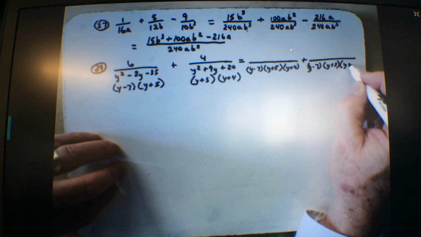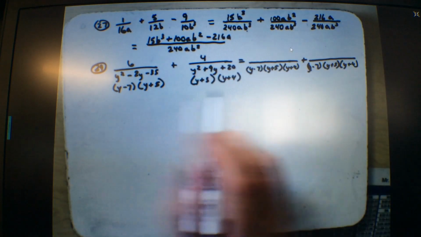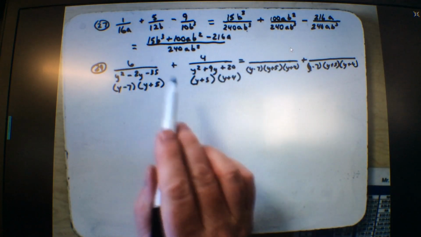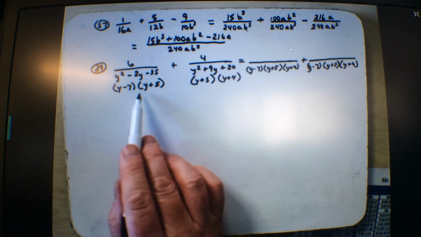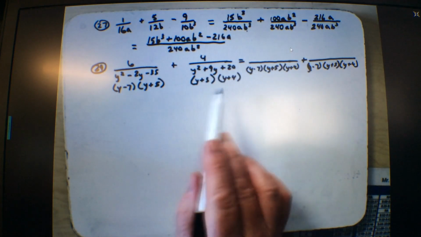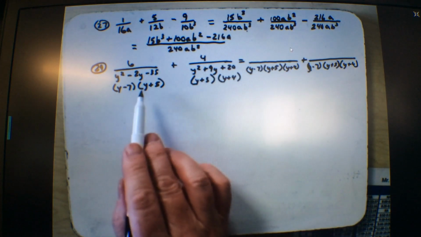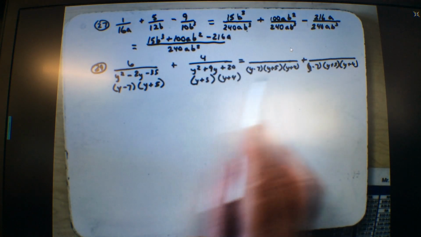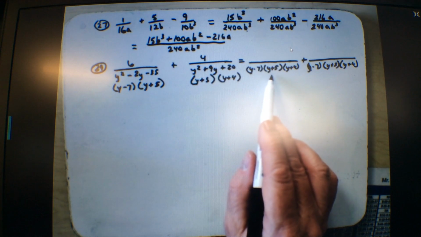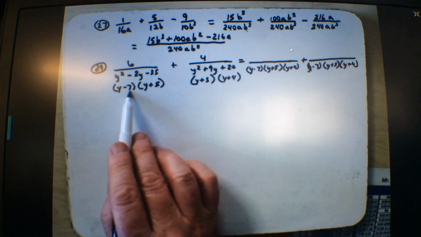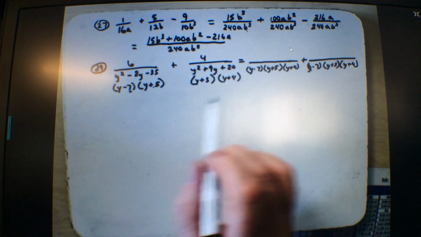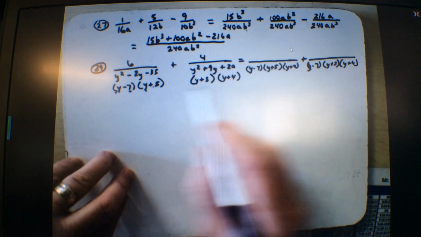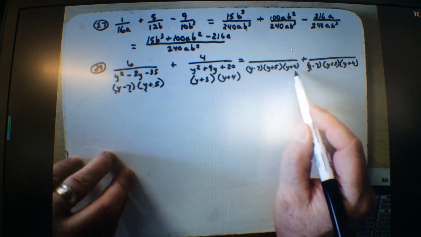This takes a lot of paper. Now, what is the denominator missing here? We're going from this denominator to the common denominator, what's it missing? It's missing y plus 4.